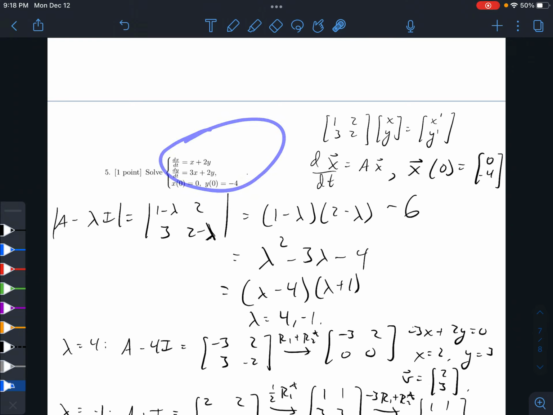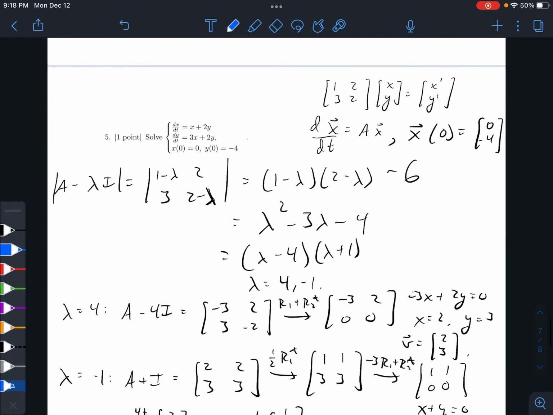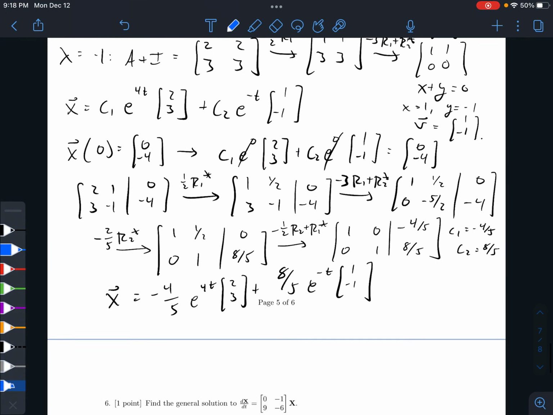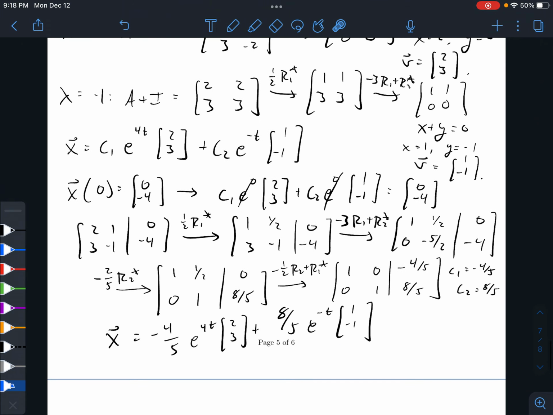Okay, technically our final answer should be in terms of x and y. We should be saying like, oh, x is equal to negative 4/5 e to the 4t times 2, because this is like our x value. And then plus 8/5 e to the negative t. I'm not going to care too much about that.